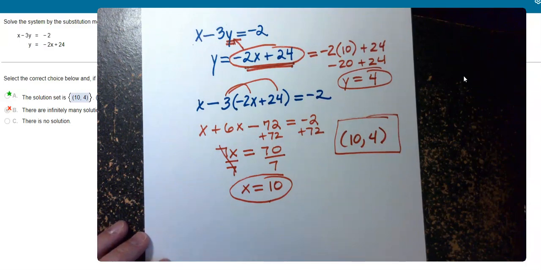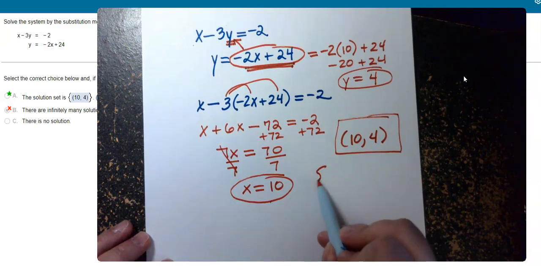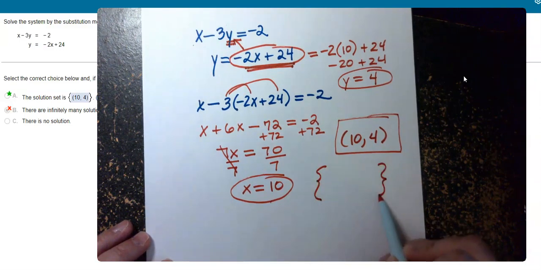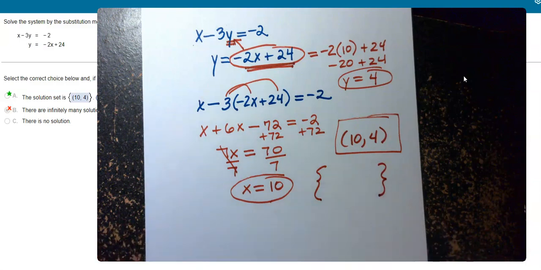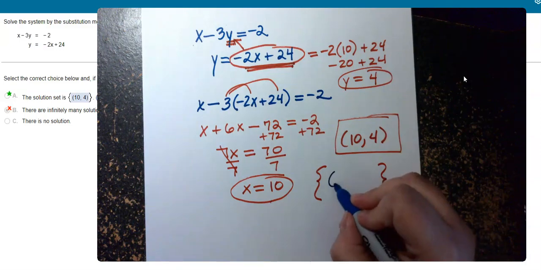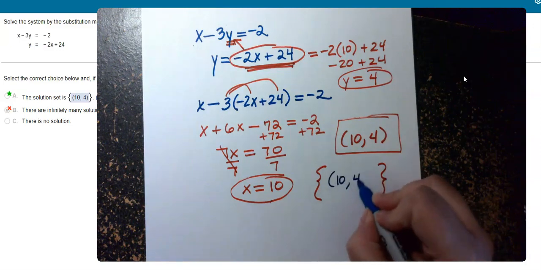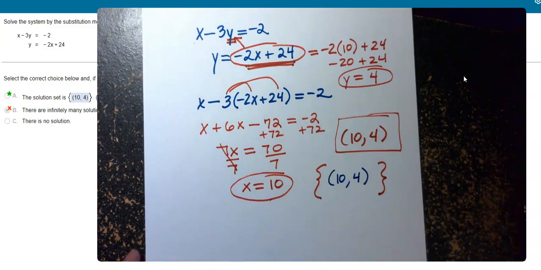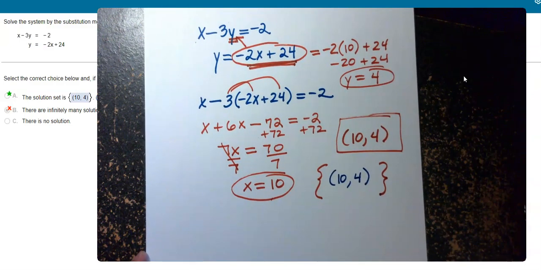So if it tells me to type an ordered pair, and it said the solution set, the brackets are saying this is a set. So this is like the set of all the ordered pairs. But inside those brackets, I still need to indicate that my answer, that is my set, there's only one answer in the set, is (10, 4) with the parentheses around it.